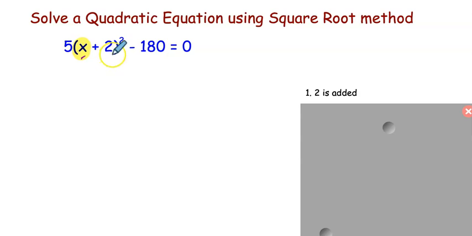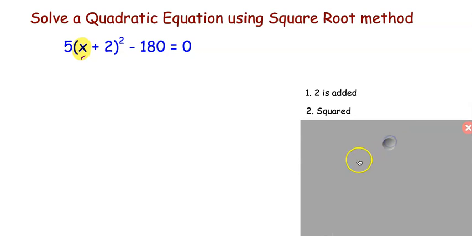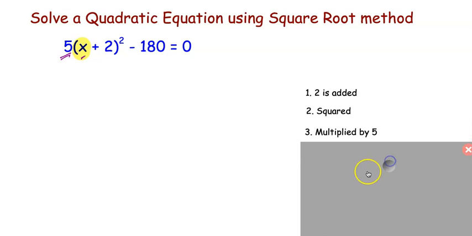After adding 2, you are seeing a square, right? x plus 2, then square. It became (x plus 2) whole squared. So you are done with this piece. So to this (x plus 2) whole squared, what happened next? Multiplied by 5. So you are done up to this point.